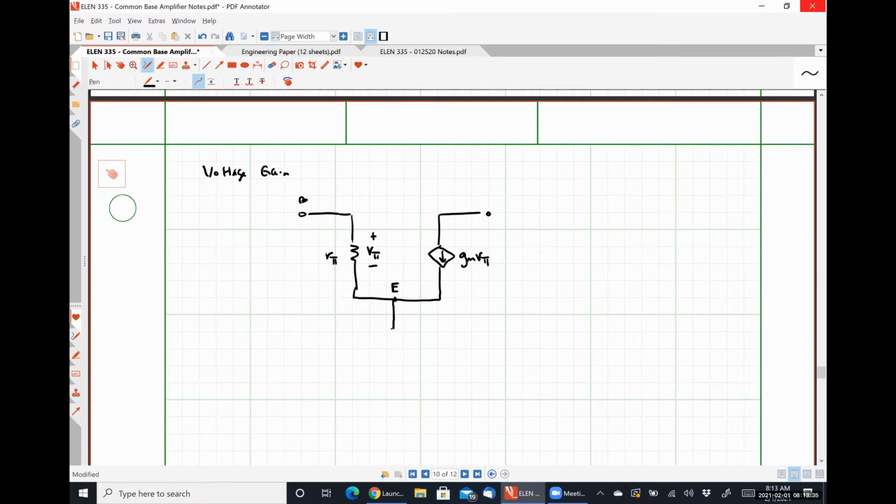Between our emitter and ground, we have our resistance RS as well as our voltage source Vn. Between our base terminal and ground, we have our resistance RB.